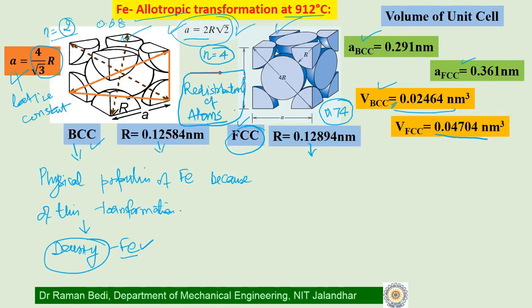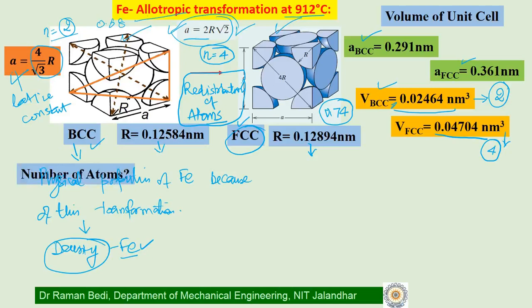So what we are seeing is that the unit cell of FCC is larger than the unit cell of the BCC crystal structure. But keep in mind that the number of atoms is also different. This unit cell volume contains only 2 atoms, whereas this one contains 4 atoms.